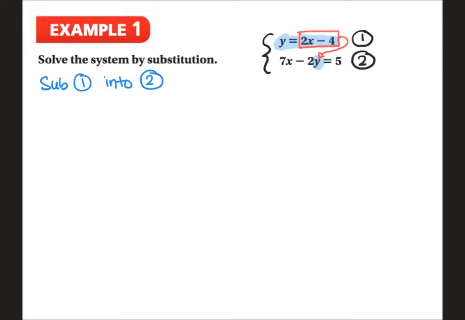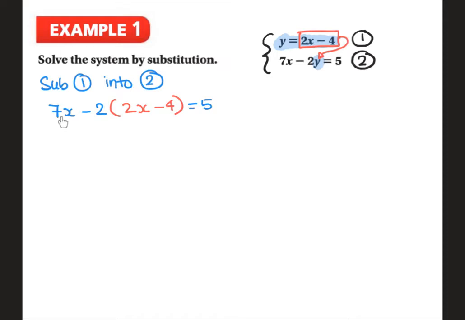When I substitute equation 1 into equation 2, I now have 7x minus 2, and instead of y, I'm going to change it for 2x minus 4, and then is equal to 5. Notice in this red part, the 2x minus 4 is y, and the 2x minus 4 here is y. So we're substituting this inside.